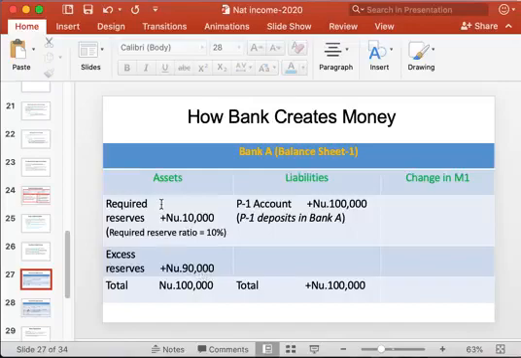So if you total, you get 90,000 excess reserve plus 10,000 required reserve, which gives 100,000 Newton here, and the total here is also 100,000 Newton. So that way Bank A's balance sheet is equal.